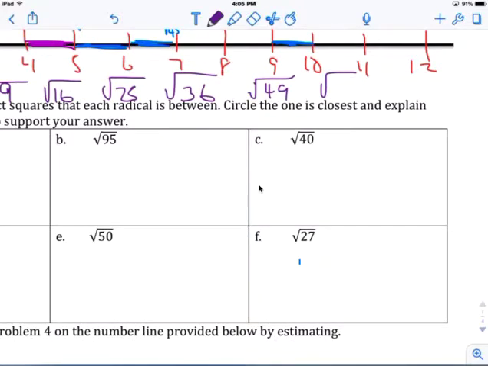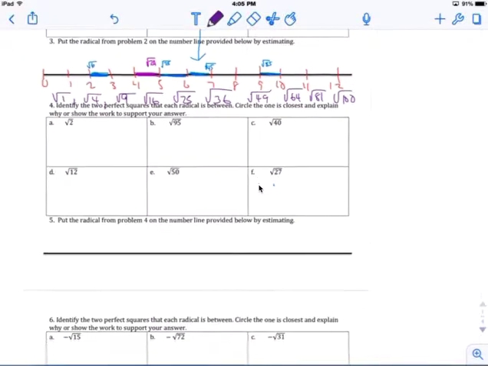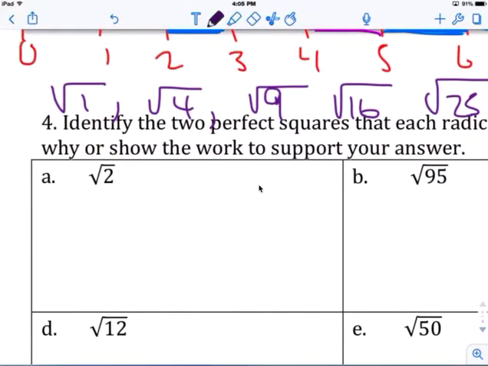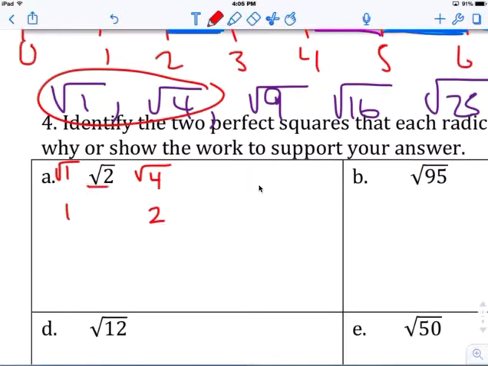Okay, square root of 2 is between these two right here. Square root of 1, square root of 4. Square root of 1 is 1 and square root of 4 is 2. So yeah, square root of 2 is closer to 1.